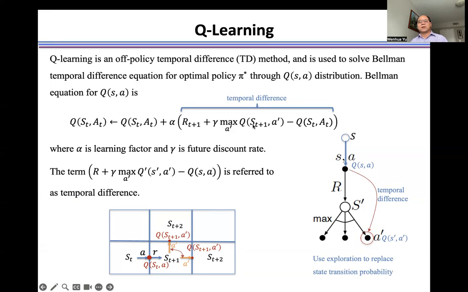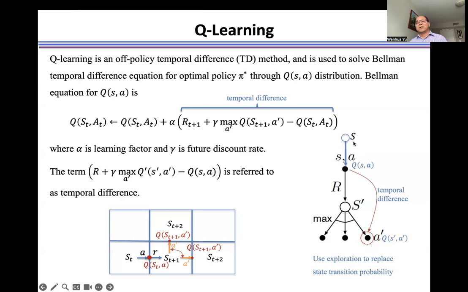And this is at the state s at t+1, by selecting the action A prime that makes this Q maximum. From this maximum value, we get this temporal difference, and we update to get this increment for the Q value, then we get the updated, estimated new Q value.